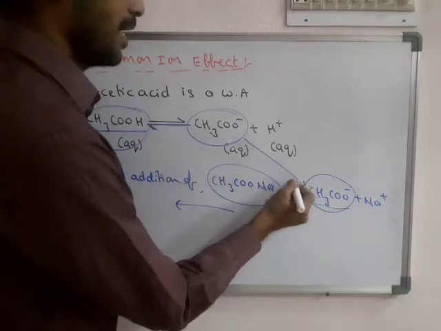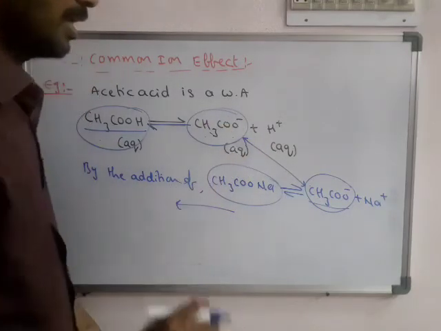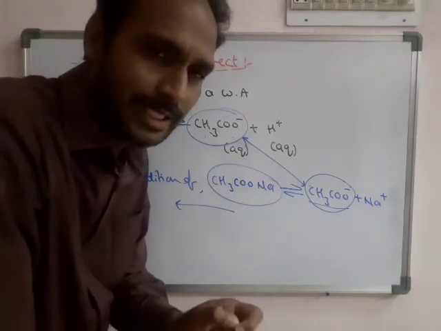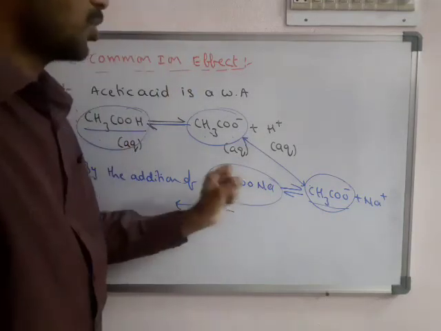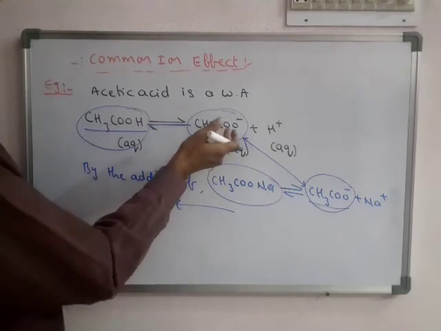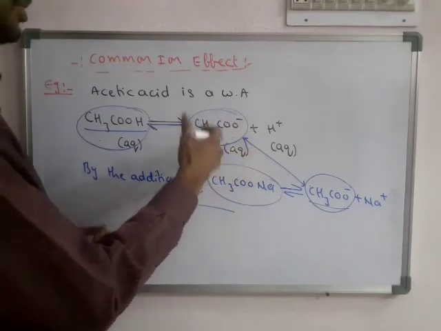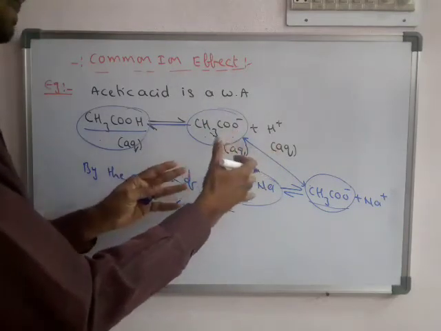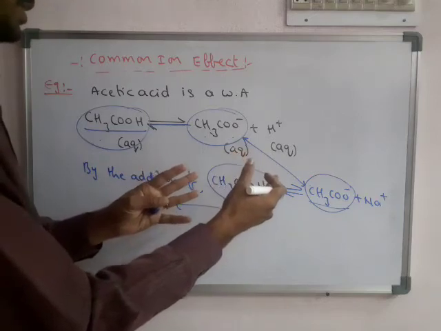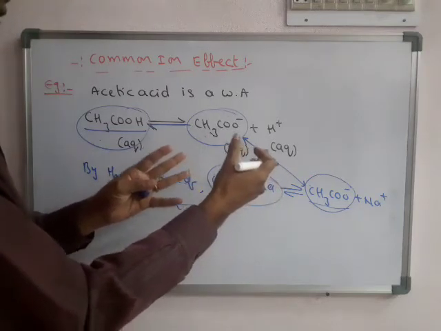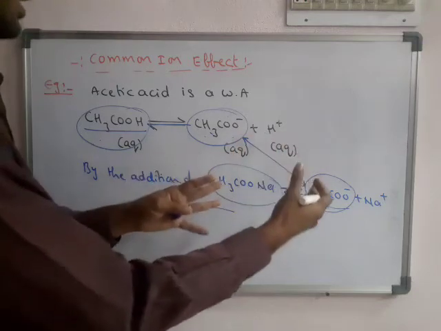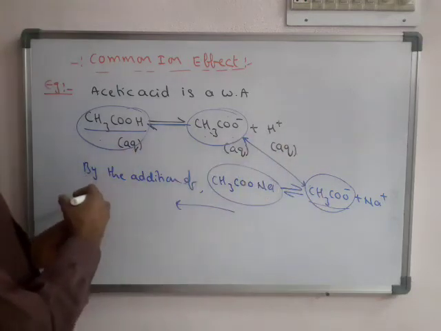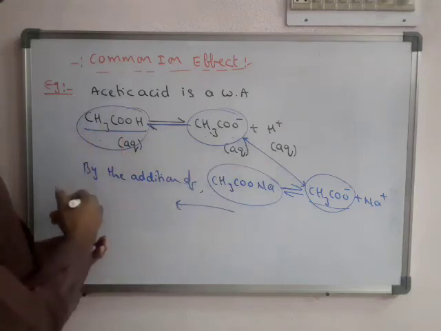What is the common ion here? We have to identify the common ion. The common ion here is acetate. So automatically the right side acetate concentration is increasing. According to Le Chatelier's principle, the equilibrium shifts from higher concentration to lower concentration, which means the backward reaction takes place.